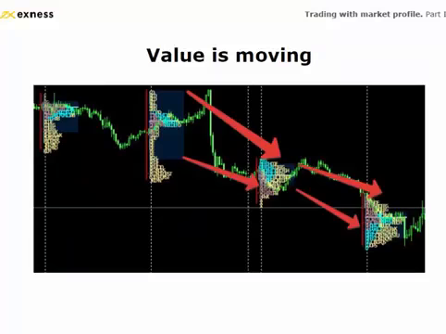Now let's start with quite simple things and move on to more complicated things. First of all, in trading we have to distinguish value from price, or signal from noise. And when we use a conventional chart like candlestick or bar chart, we can use some substitute of value like a moving average, for example.